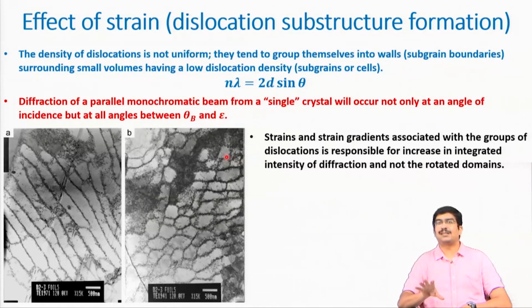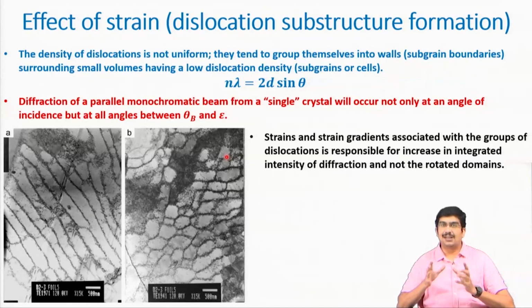So, for theta b plus eta, eta being very small, we will be getting considerable intensity from this, and a non-monochromatic beam and a little bit non-parallel beam adds to this.